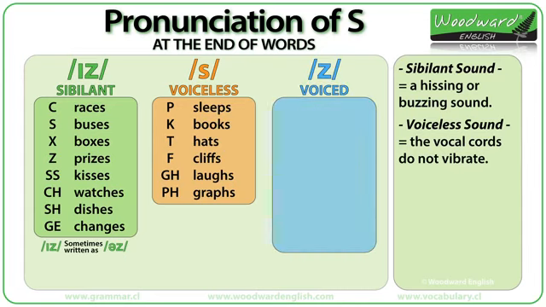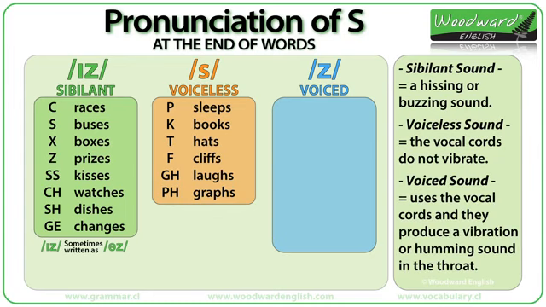The third group contains words that end in a voiced sound. A voiced sound uses the vocal cords and they produce a vibration or humming sound in the throat. If the last letter of the word ends in a voiced sound, like the B in crab, B is a voiced sound, so the S is pronounced as a Z sound.